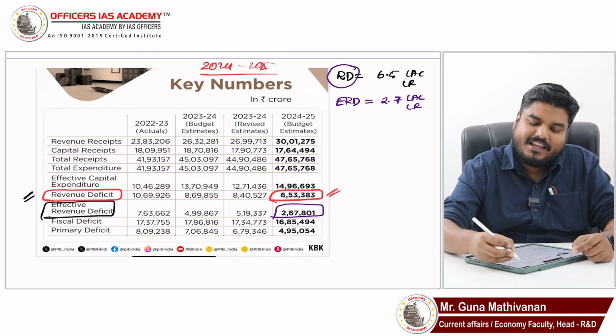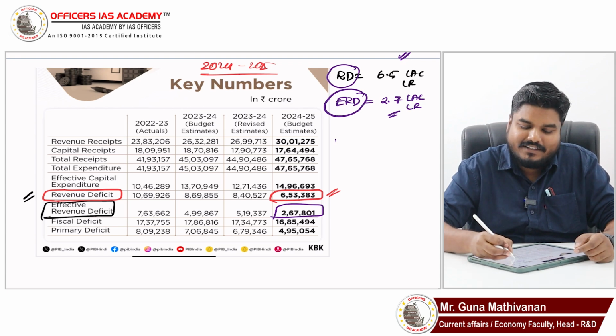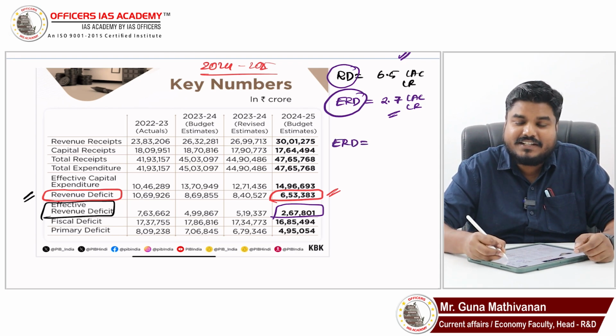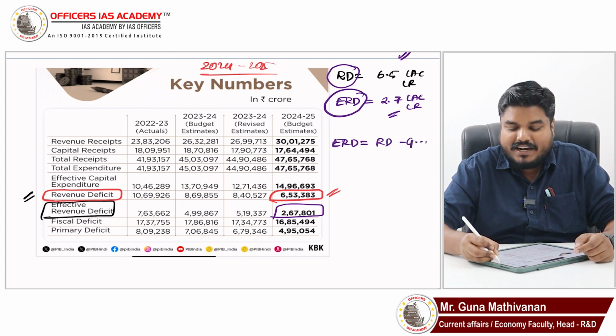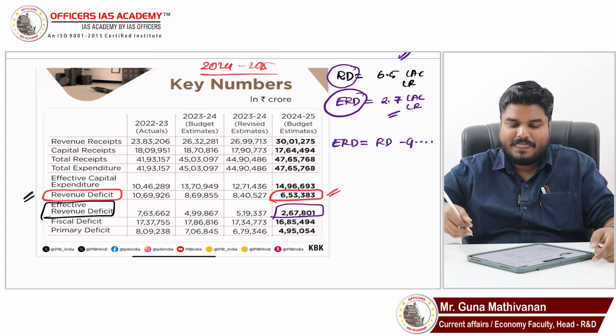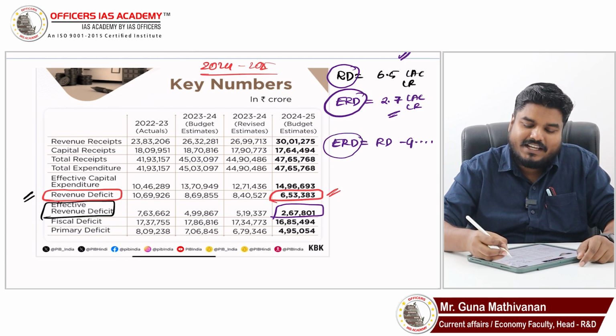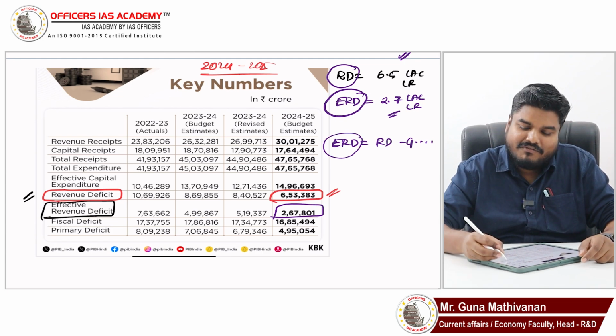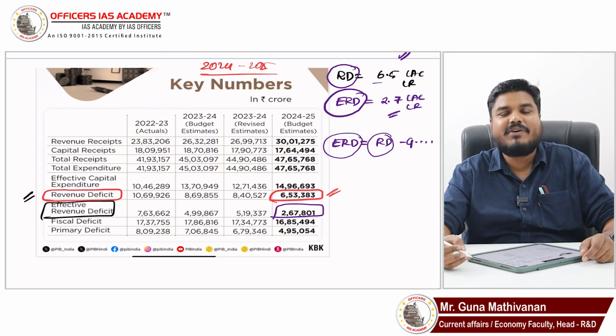So RD we know, ERD also we know. So what is the ERD? Effective revenue deficit is revenue deficit minus the grants given to those states which resulted in creation of assets. We know the formula. So we know the ERD amount, 2.7 lakh crores. We know the RD amount, 6.5 lakh crores.